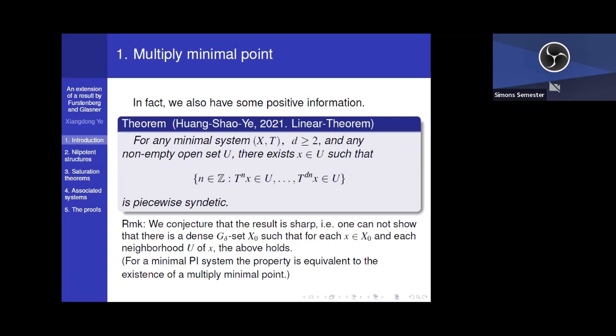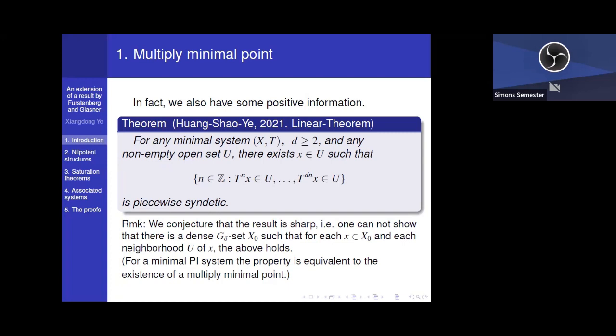Why? We conjecture that this result is sharp. In a sense, one cannot show there is a dense G_delta set such that for each x in X_0 and each neighborhood U of x, this holds. Since we proved in the same paper that for a minimal PI system, which I will explain later, this property is equivalent to the existence of multiple minimal points.